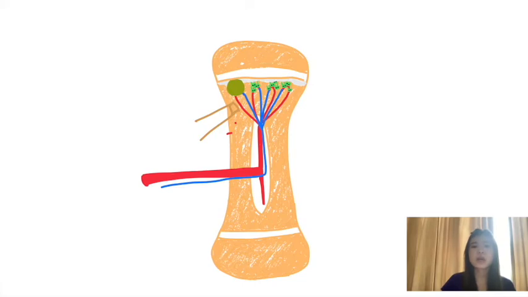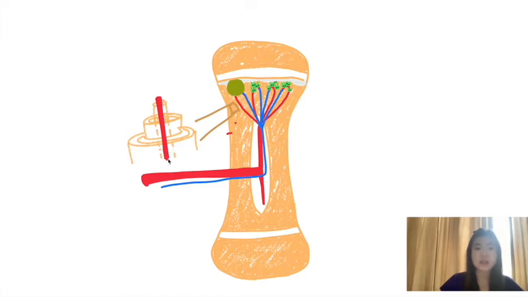So here, I want to show you this structure. If you still remember from med school, this is a Haversian canal and a Volkmann canal. What are they? This is an osteon. Each of this cortical bone is composed of osteons, and every osteon has a Haversian canal.